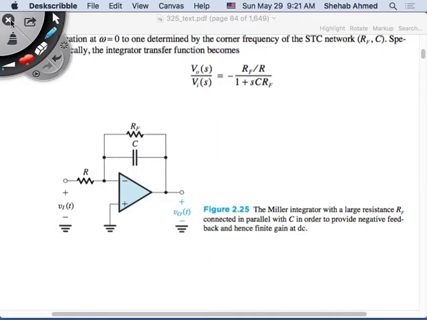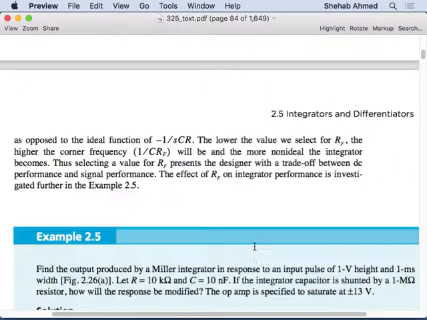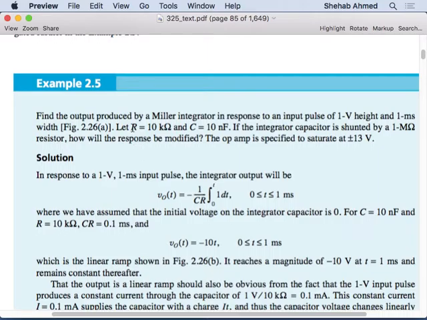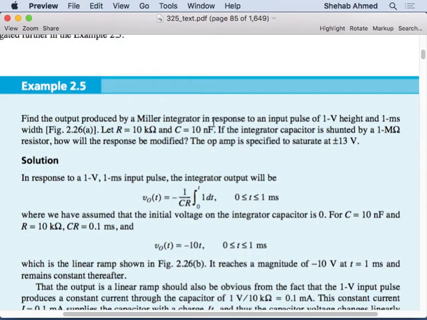So in this example here, find the output produced by a Miller integrator in response to an input pulse voltage of 1 volt, 1 millisecond width, and their RC values are given. So given RC values, they tell you that the input voltage looks like 1 volt DC for 1 millisecond, right?